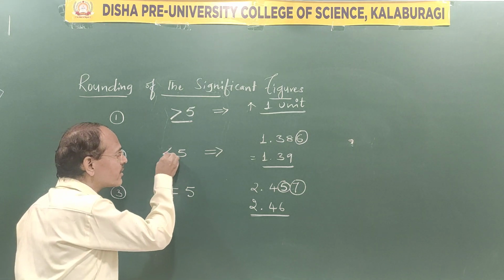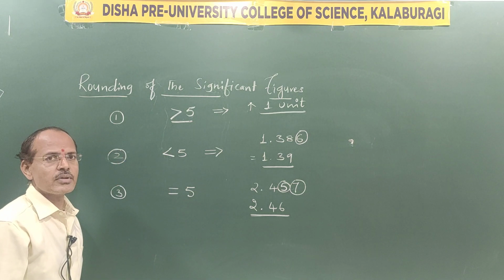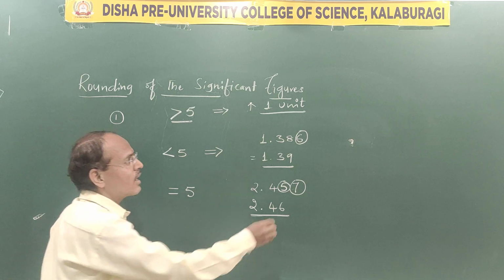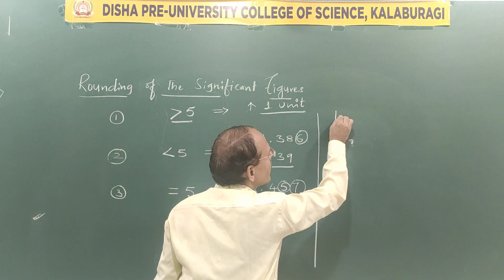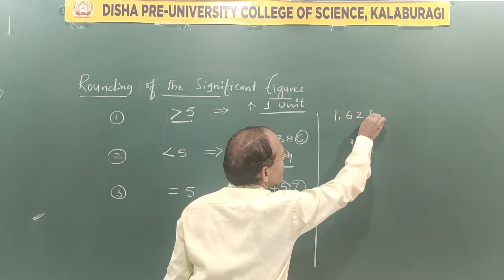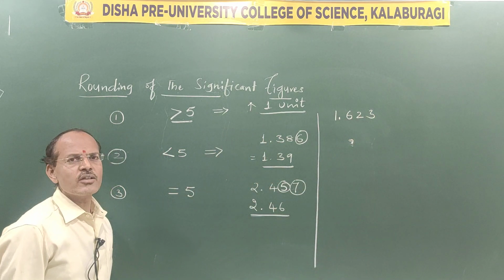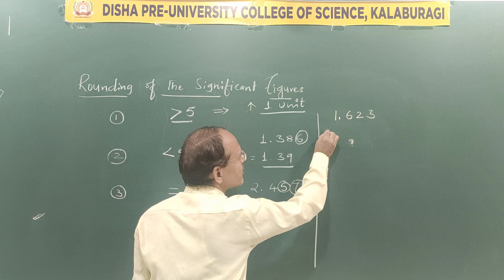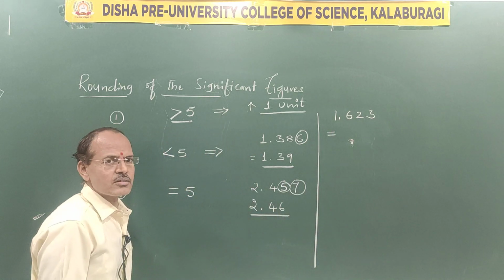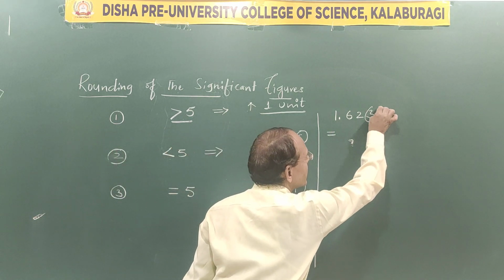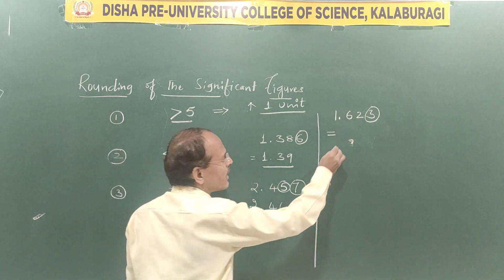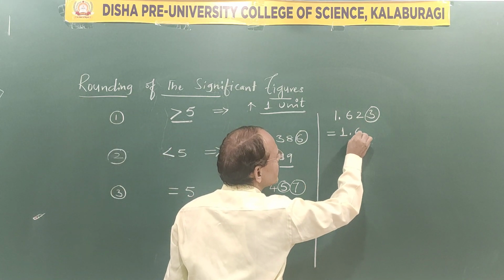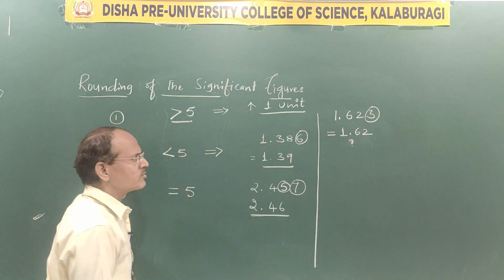If it is less than 5, I'll take that example. 1.623. So I can write it as 1.623. Now I want to remove this 3. At that time, I'll write 1.62 only.